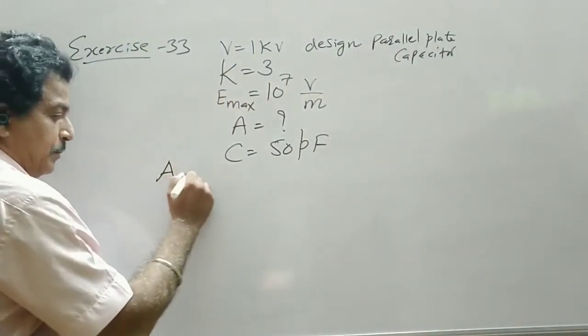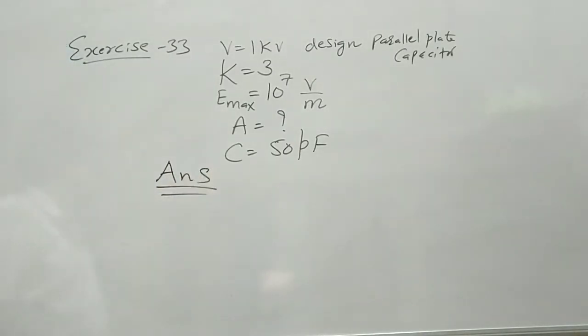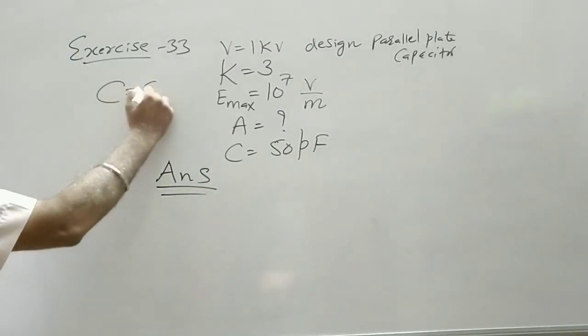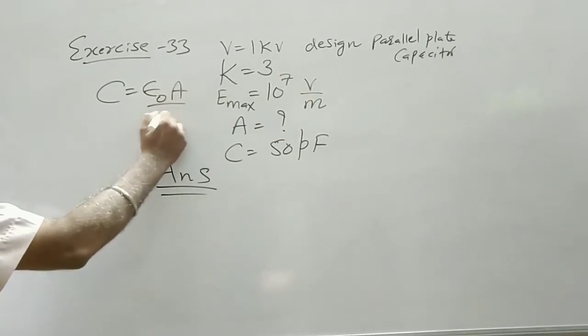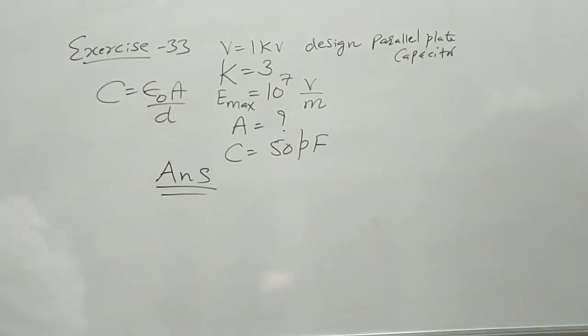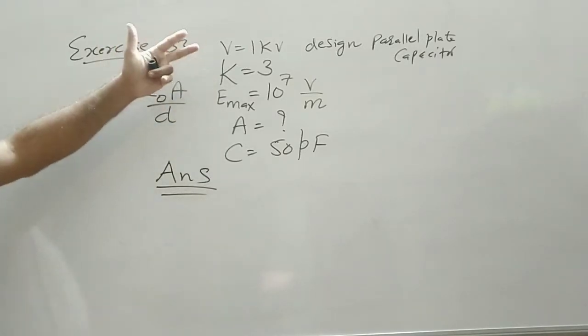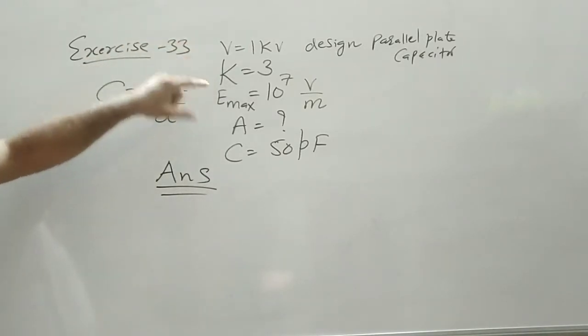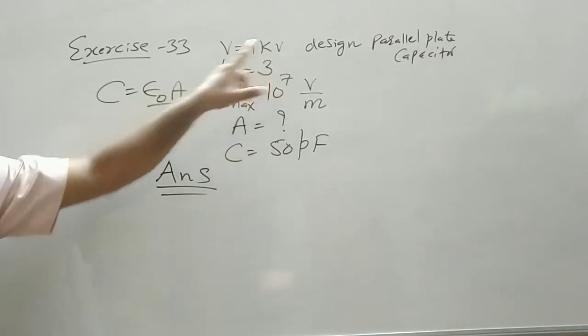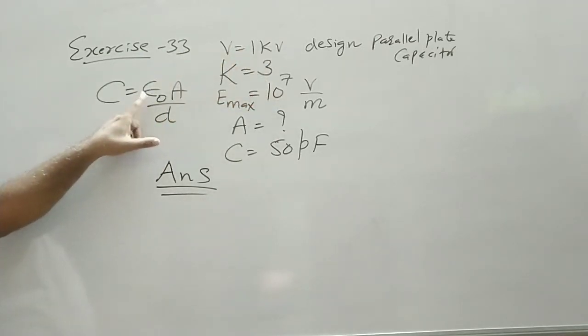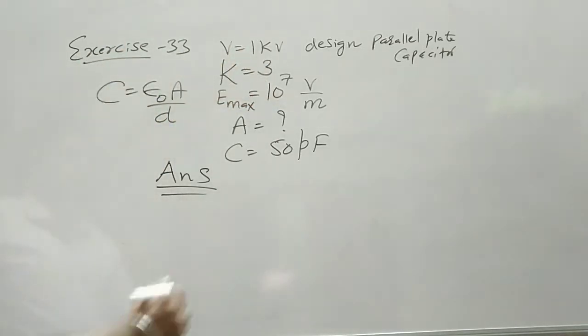So clearly we need to find out the area. So we can apply the formula C equals epsilon naught A by D. But here we have to make a parallel plate capacitor with a dielectric substance whose dielectric constant is 3. So instead of epsilon naught, I can write K epsilon naught.